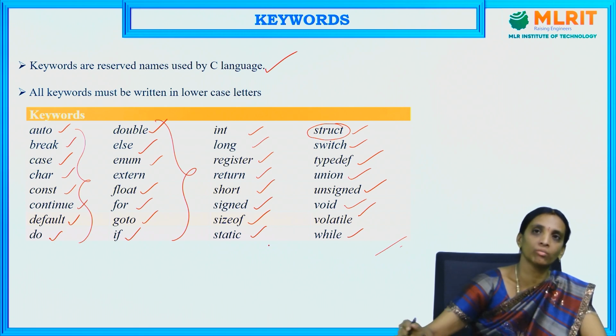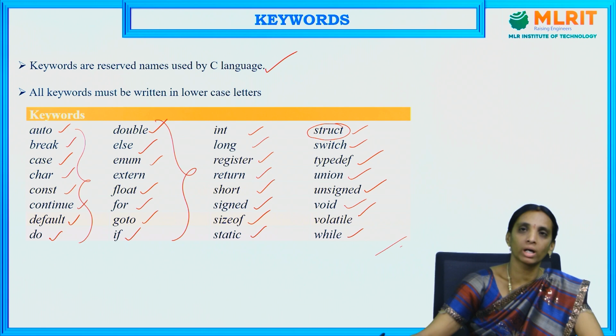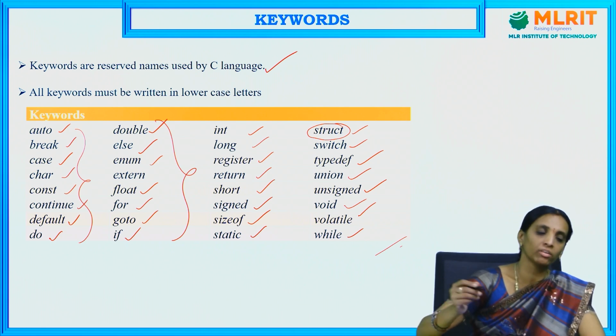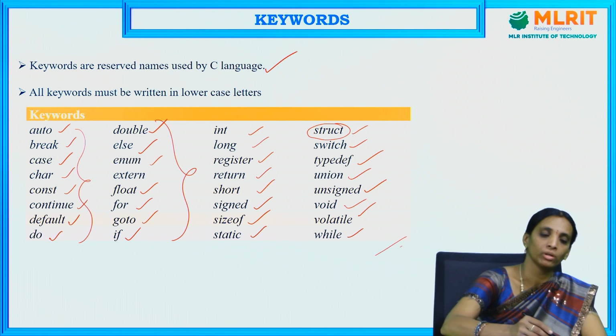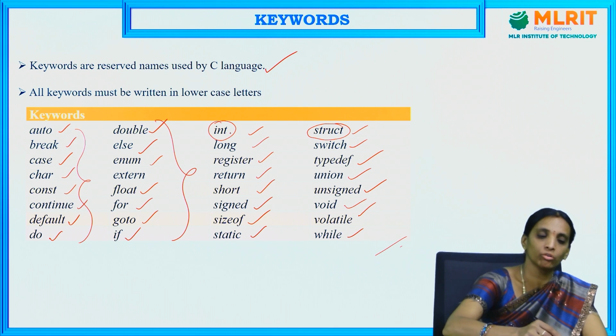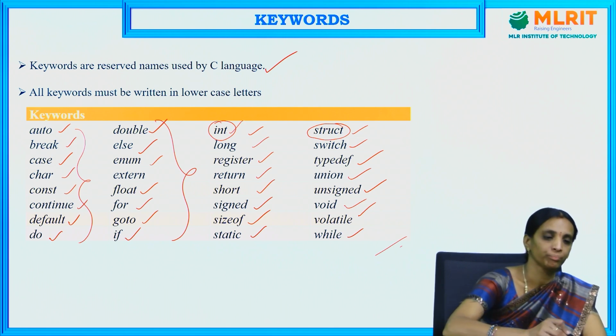That means the names of the keywords used by embedded C language are fixed, and we have to write them in lowercase letters, and these are used for specific purposes. The keyword int specifies that the variable is an integer value, and float indicates that it is a float value.